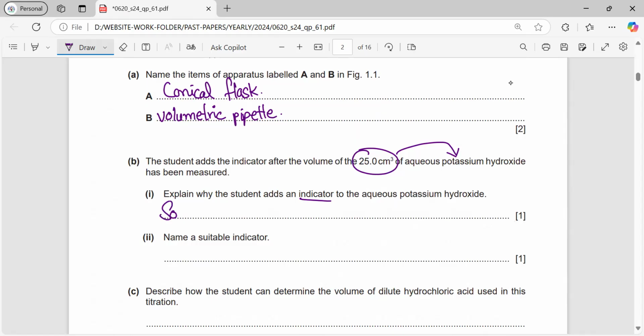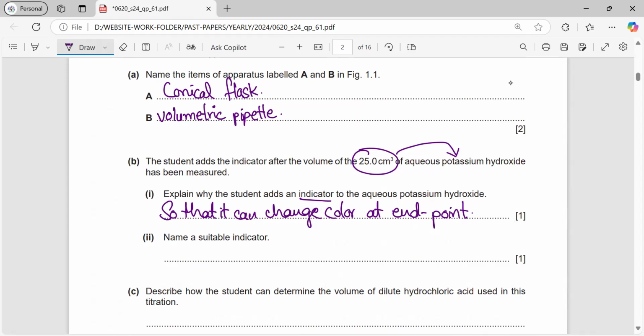So that it can change the color at the endpoint. And the endpoint is when the solution has become neutral.